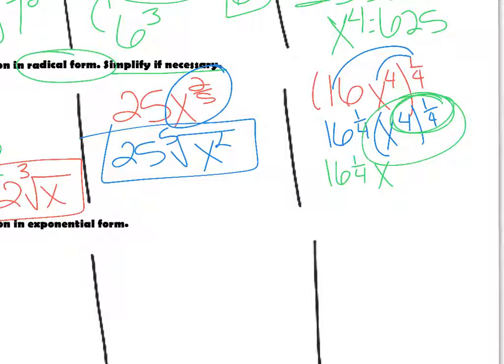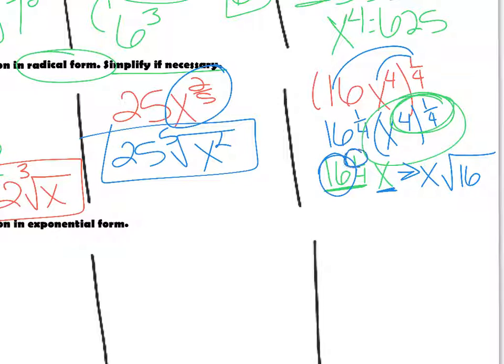So the last thing we want to do is take this rational exponent and write it as a radical. Kind of like in the last one, I want to make sure I only put things in a radical that actually has a rational exponent. That x does not have a rational exponent, so that x is going to stay outside the radical. The 16 does have a rational exponent, so the 16 is going to have to go under the radical.